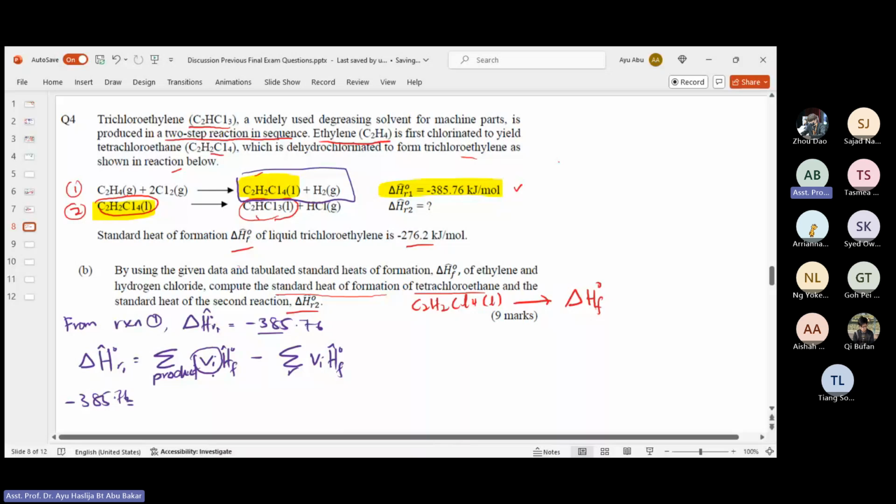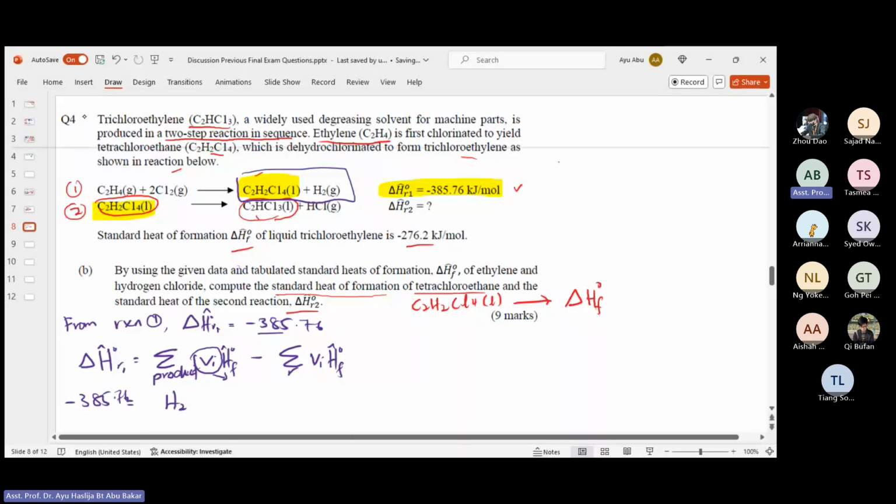What is the value of this? What does this stand for? Yes, the stoichiometric coefficient.